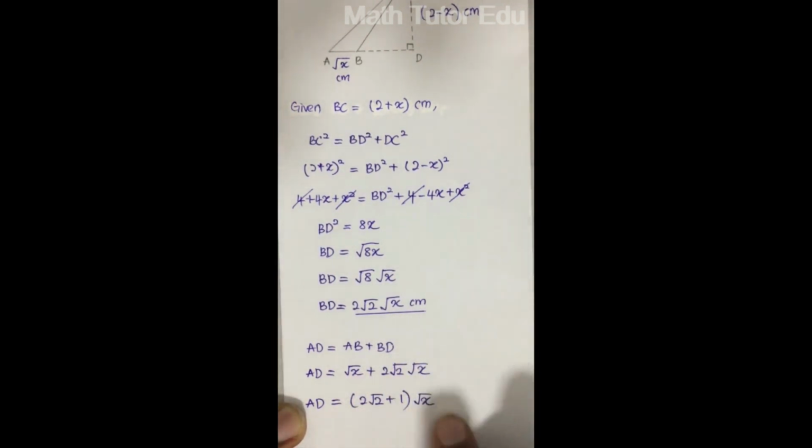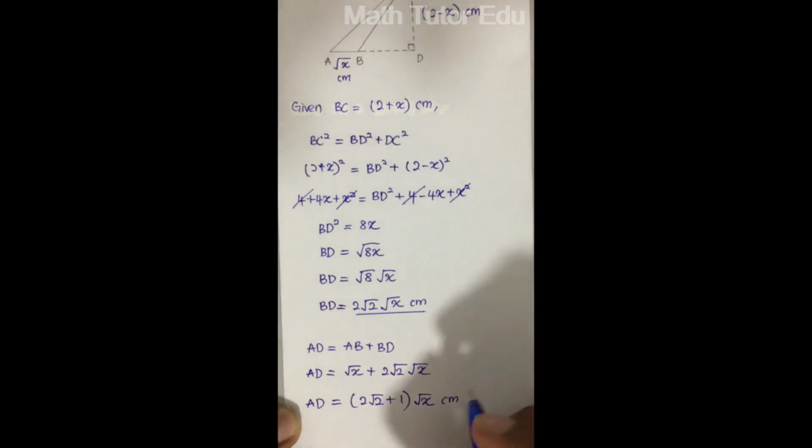We have already factored out the surd x over here, because when we multiply back we will get back the previous expression, which is surd x plus 2 surd 2 times surd x. So AD will be equal to (2 surd 2 plus 1) surd x centimeter.